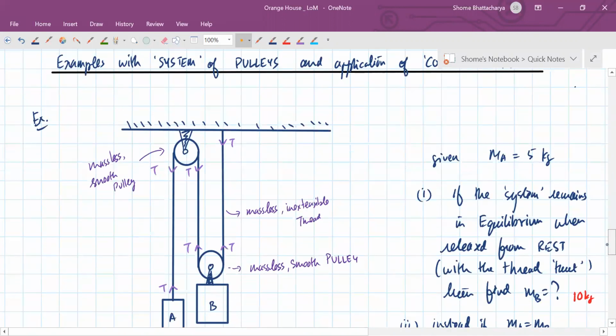So our system now will have this kind of motion.